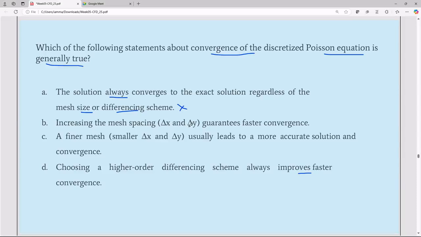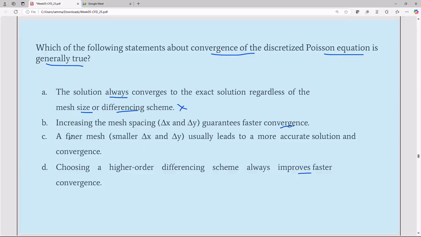Increasing the mesh spacing won't even guarantee convergence, because it creates a lower number of mesh elements. This reduces the chances of convergence itself. It won't even converge.